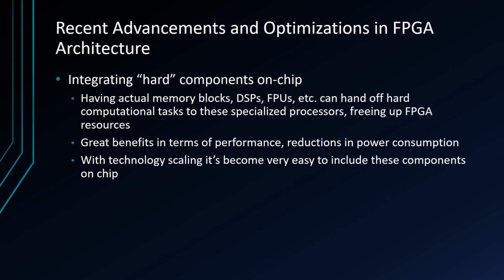One of the first big advancements I looked at was integrating hard components onto an FPGA chip. This would be things like actual memory blocks or digital signal processors, floating point units, and handing off hard computational tasks to these processors that they're specialized in, and therefore freeing up FPGA resources for simpler tasks that they can perform better at.